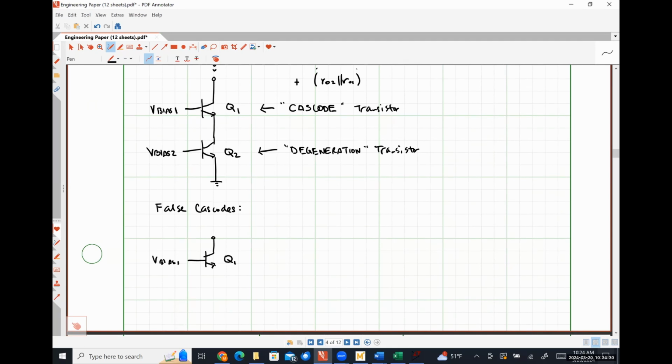Here's Q1. Here's Q2, where one of them is an NPN, and one of them is a PNP. Why do you think this might be problematic?